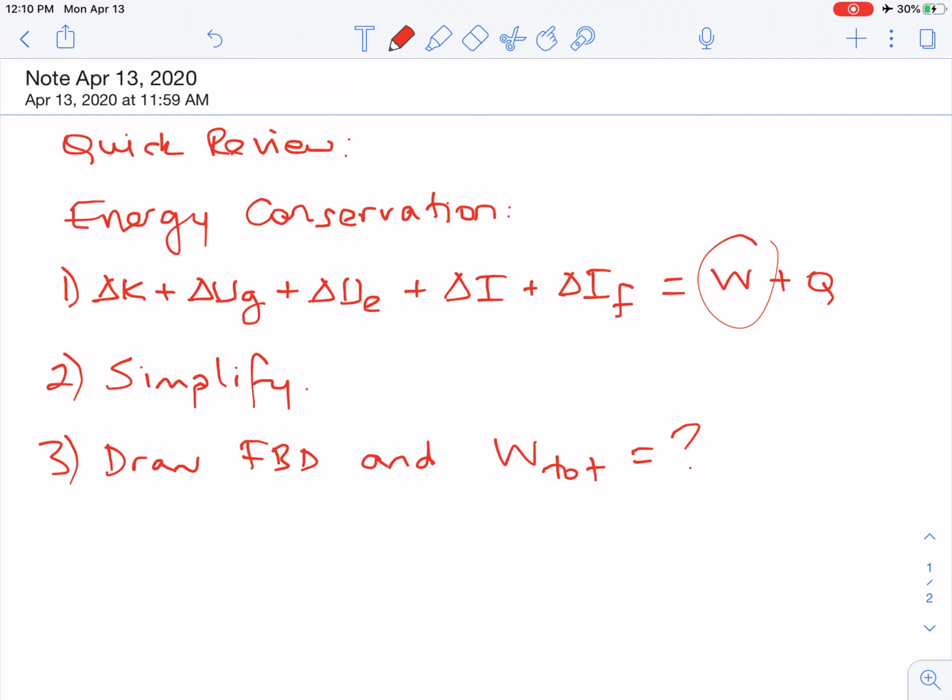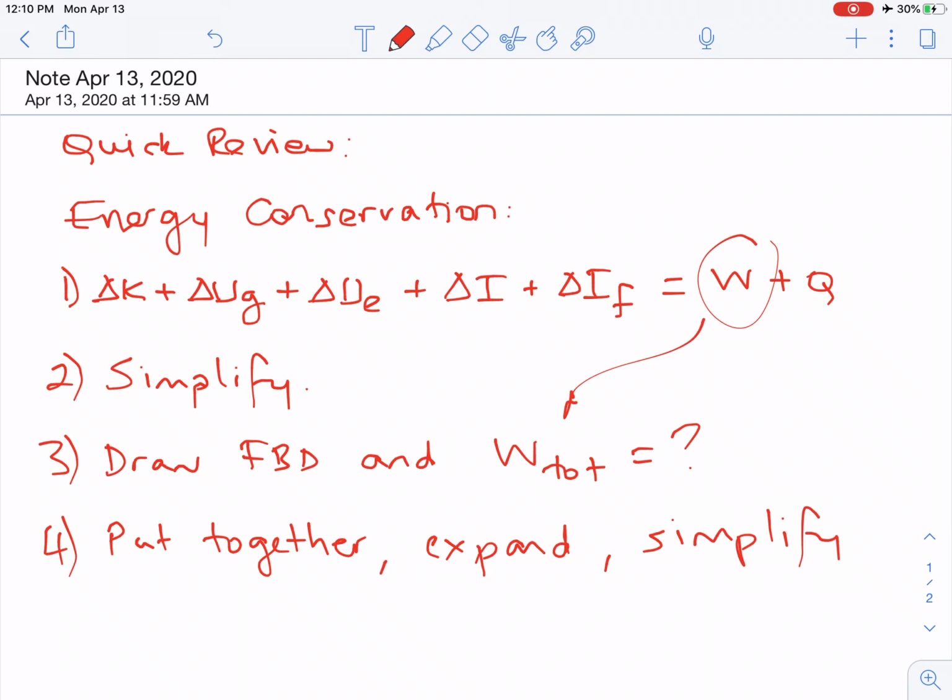That total work doesn't necessarily have all the work done by the forces, because we need to think about whether we want to keep them as energy changes or as work on the right side, but you need to write them down first, and so your free body diagram should include all the external forces on the system. And the fourth one again is put together everything, and then expand and simplify again.